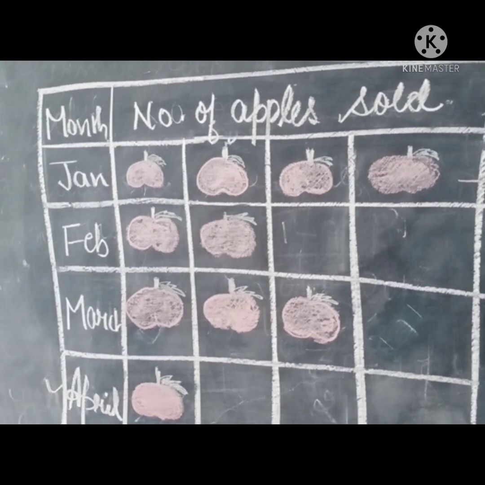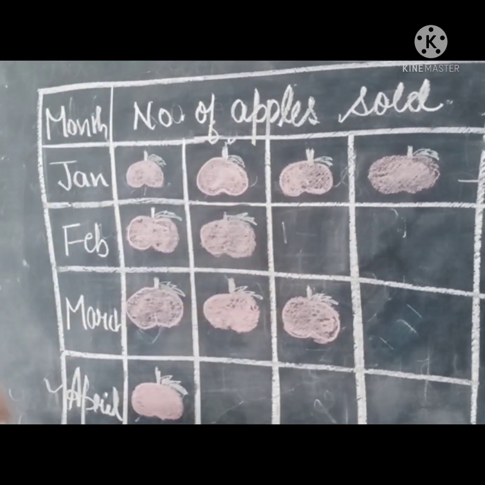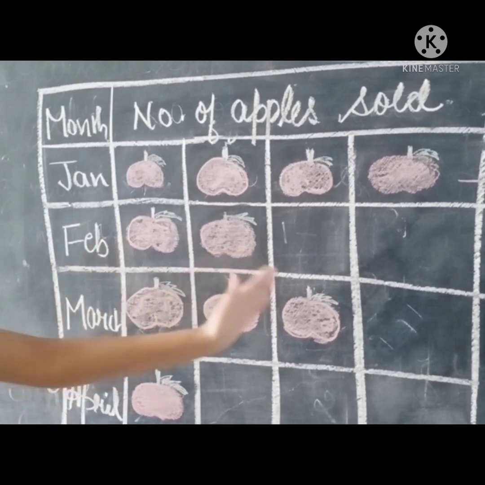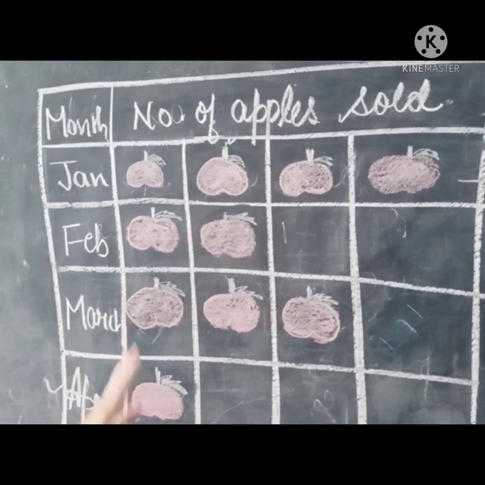Here you can clearly see from this pictograph that some facts are given to us. What are those facts? That in the month of January, February, March and April, these number of apples were sold. These facts are called data, and we have represented this data in the form of pictures.